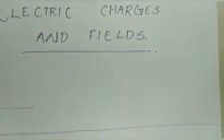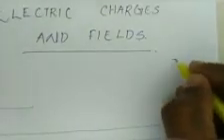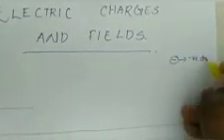Basically, electrons have negative charge and protons have positive charge. And we know that an atom is electrically neutral, which means the number of protons and the number of electrons are equal.